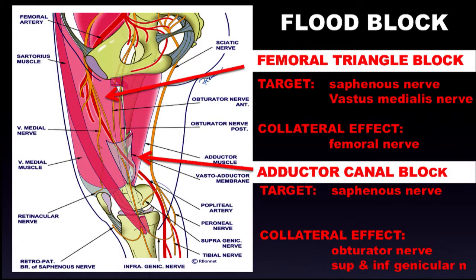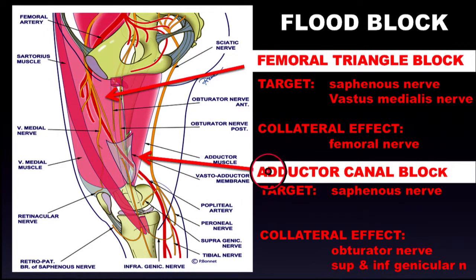So we have in fact two blocks. One block that is cephalad, a femoral triangle block, where the primary targets are the saphenous and the vastus medialis nerve, and depending on the volume and the spread of your local anesthetic, you will have more cephalad branches.